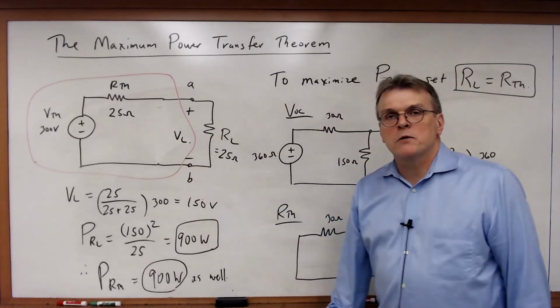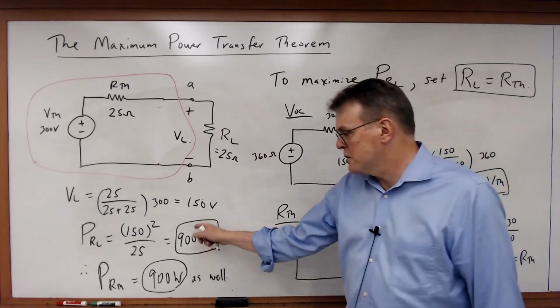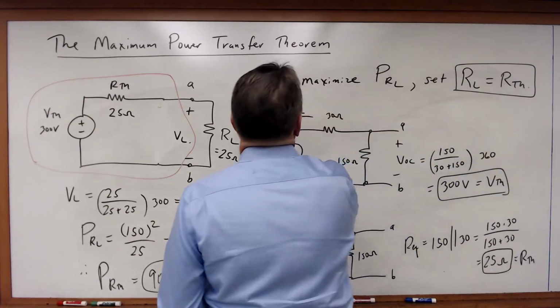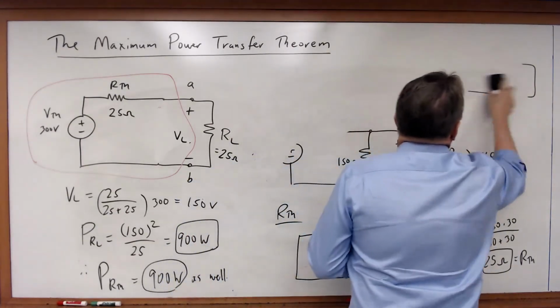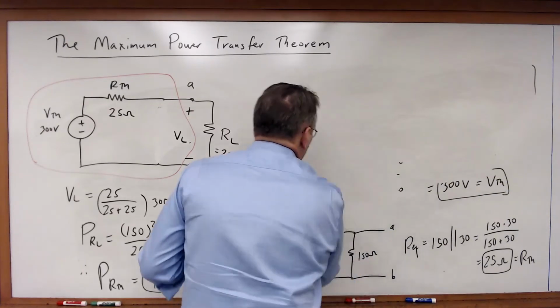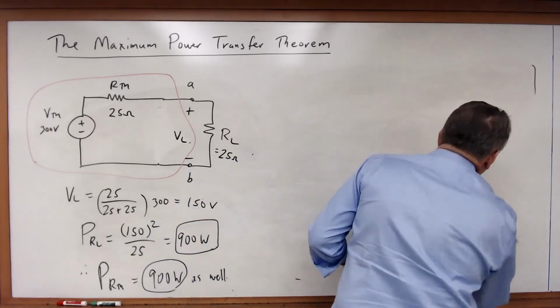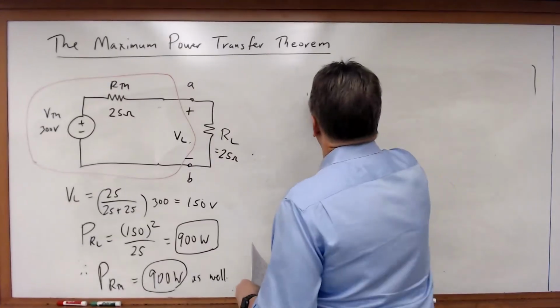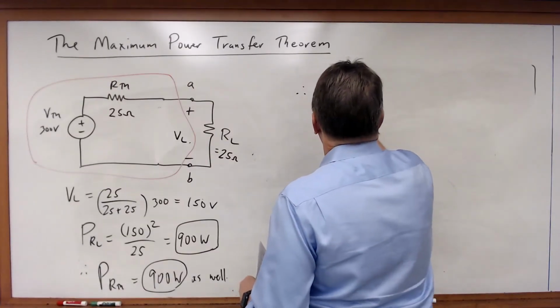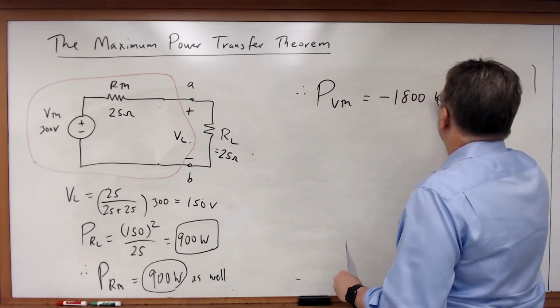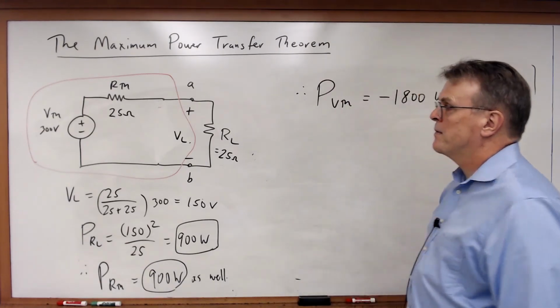And what's the power of the source? Well, the resistors generate 900 plus 900, which is 1800 watts. We note then that the power of the source must be equal to minus 1800 watts.